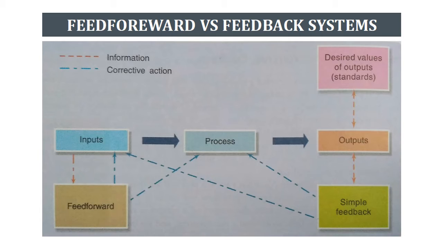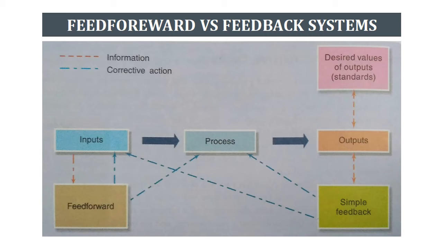In the process stage also, the dotted line from the feed forward is going to the process. That means in the process stage also the feed forward control is done, and finally we reach the output. That means the output which we obtain will match the standards.